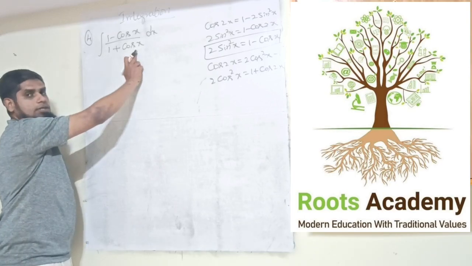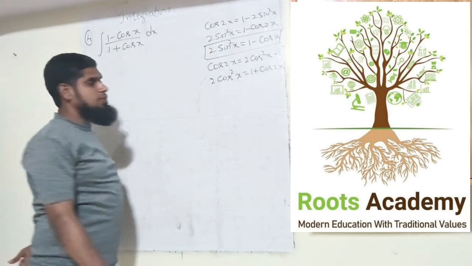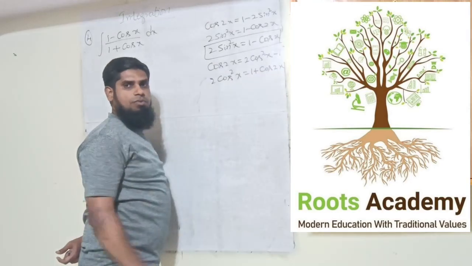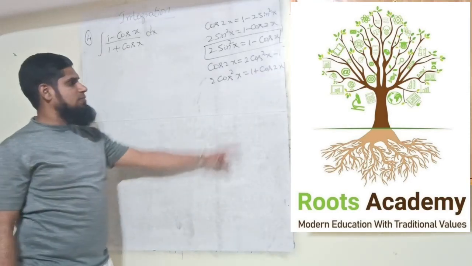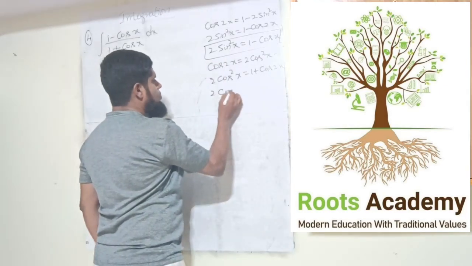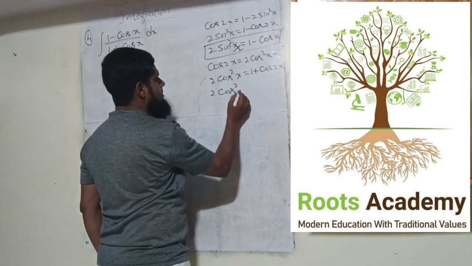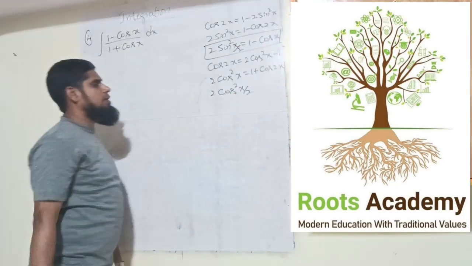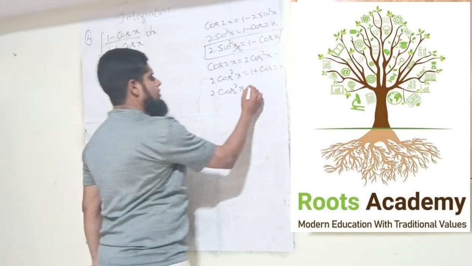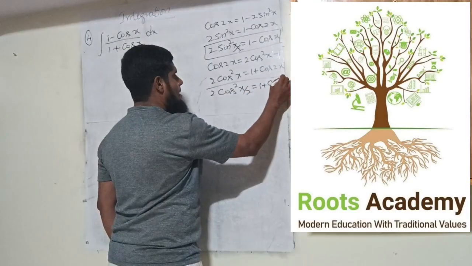I just need 1 plus cos x, but I got 1 plus cos 2x. The best method is to convert it to half angles. Wherever there is an angle here, let us divide by 2. So what will I get? 2 cos square x by 2 is equals to 1 plus cos x.